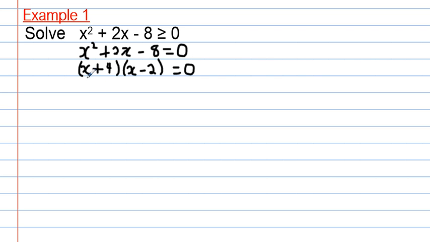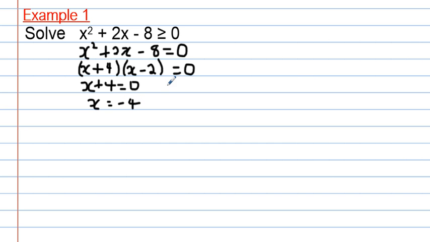Equals 0. And then we solve. If I equate each bracket to 0, I'm going to have x plus 4 equals 0, so x will be minus 4.